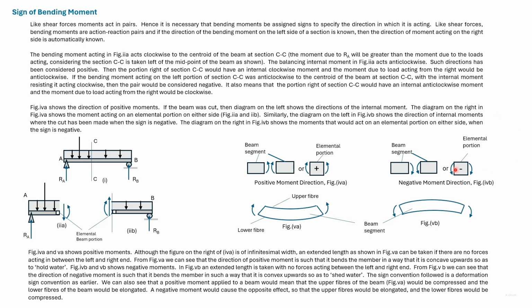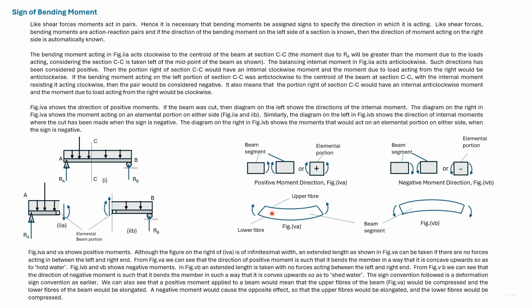Now consider this element which has been subjected to a negative bending moment. This is an extended beam segment subjected to the same moments, and we can see that the bottom layer has become concave, the top layer is convex. The deformation here can be considered to shed water, opposite from the earlier case.